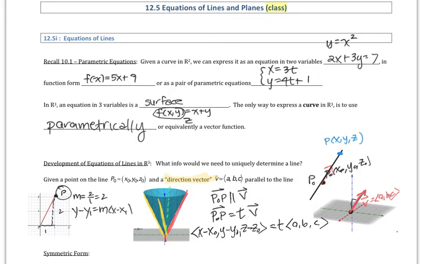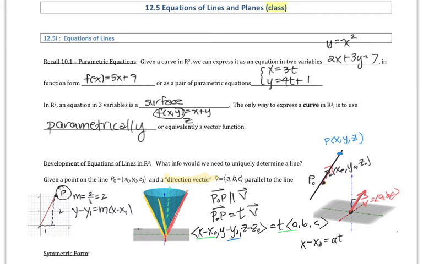We can think of that as a vector equation version of that line, but if we want to express it parametrically, then we'll break out each of the pieces here. So x minus x0 equals a times t.